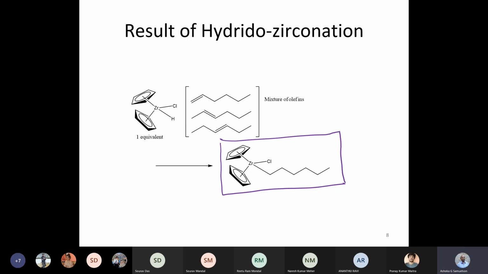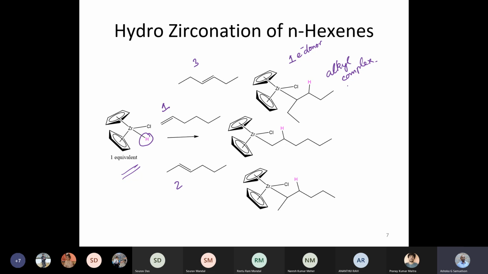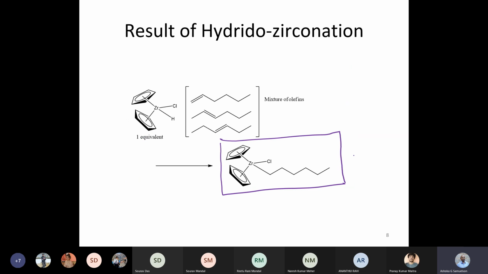So this clearly tells you that the intermediates that were formed in the previous slide, which we will call 1 dashed, 3 dashed, and 2 dashed, these compounds are capable of being isomerized to the final compound, which is 1 dash. This is the species that is isolated, or this is the species which is finally characterized.